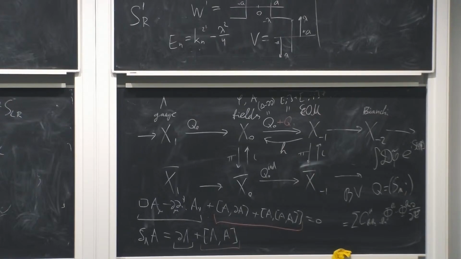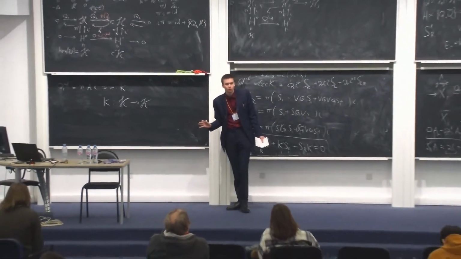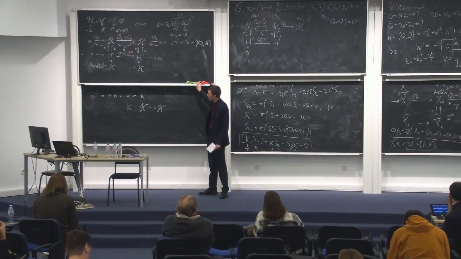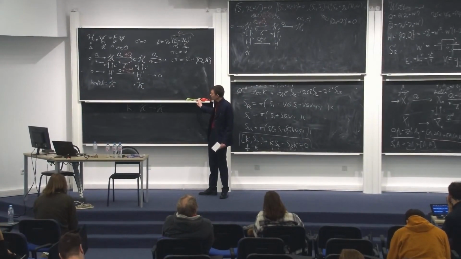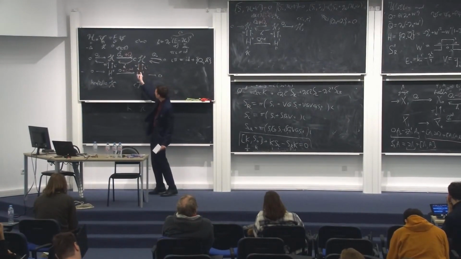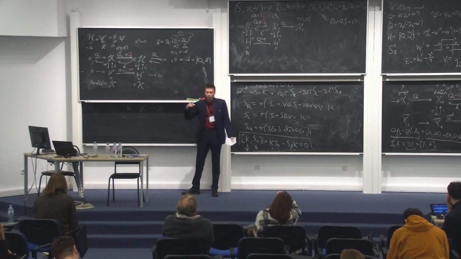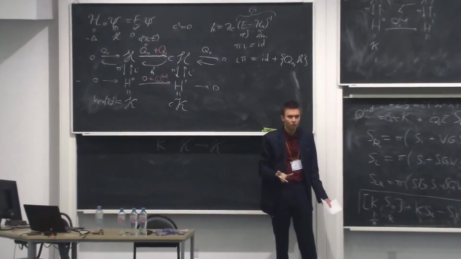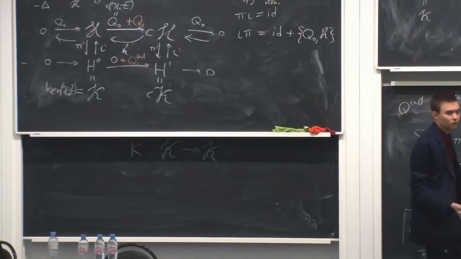These L-infinity algebras have been implicitly seen in works even by Zinn-Justin in his time, but explicitly people have drawn attention to this like 20 years ago, maybe 30, yeah. And these quasi-isomorphisms turn out to be what builds the Lehmann-Symanzik-Zimmermann formula.